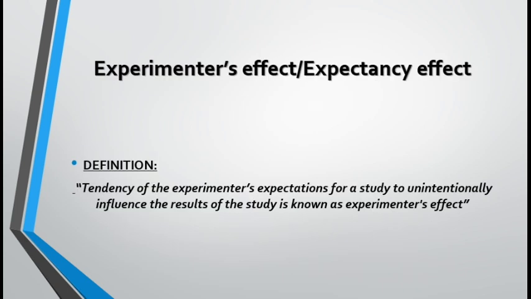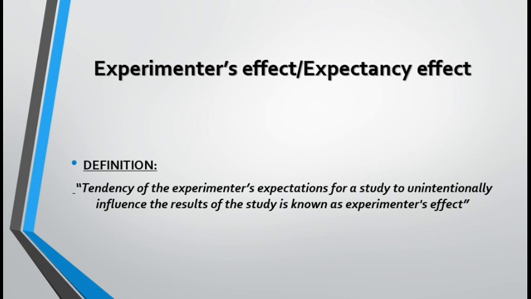And the experimenter's effect, or expectancy effect. The experimenter's effect is basically the tendency of experimenters' expectations for a study to unintentionally influence the result of the study. And the expectancy effect includes a definition for the subject.